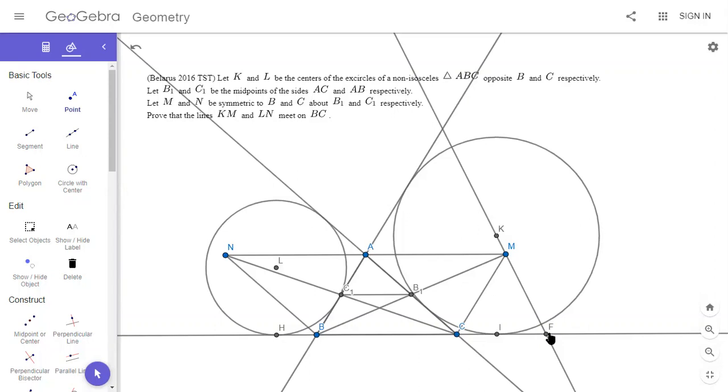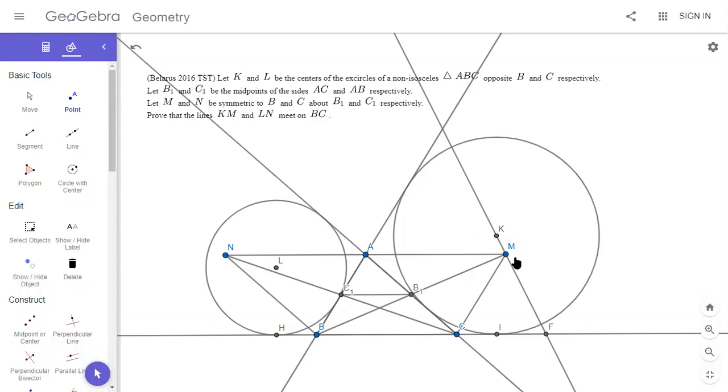So we know CL is an angle bisector of ACB. MN is parallel to BC, right? Yeah, MN is parallel to BC. So yeah, we have two parallelograms actually.